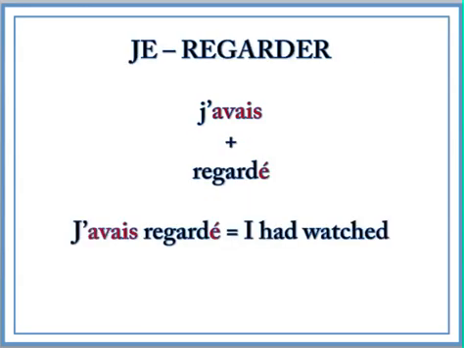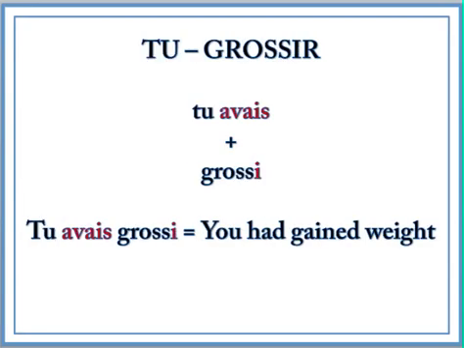So if we have je as our subject pronoun and the infinitive regarder, and we want to put that in the plus-que-parfait, remember, I'm going to say j'avais plus the past participle of regarder, and then I put my sentence together, j'avais regardé, I had watched. There's that word had again, followed by a past participle in English. An example using tu and the infinitive grossir. Here's a regular IR verb for you.